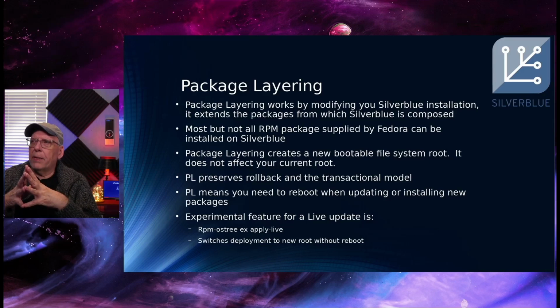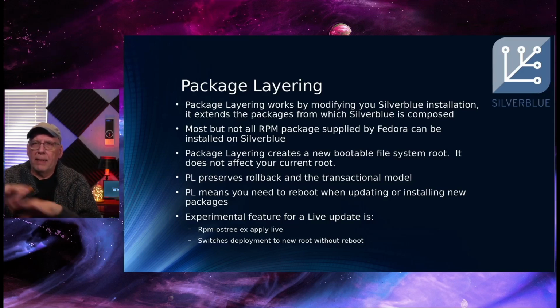The package layering creates a new bootable file system, and that file system, of course, is your root file system, but it will not affect your current root. So, what the heck are you talking about? Well, remember the root file system is immutable. So what they do is they layer any changes on top of that.